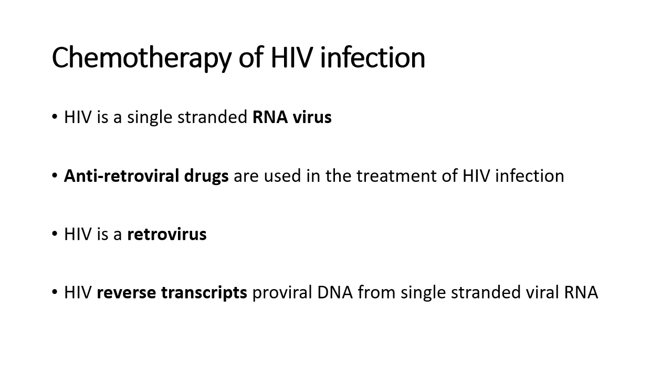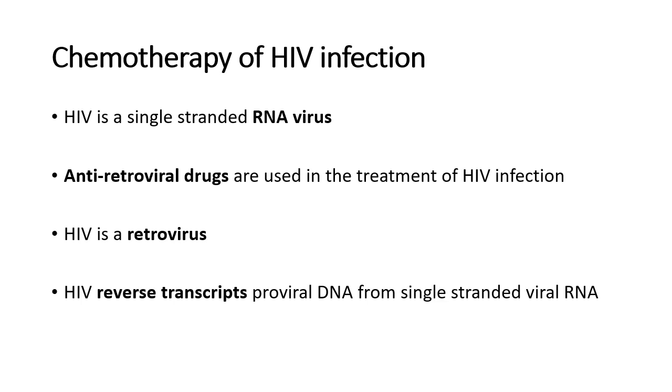Now, what is the purpose of chemotherapy? First of all, it is a single-stranded RNA virus. The drugs used here are called antiretroviral drugs. Normally, it is RNA which is transcribed from DNA.